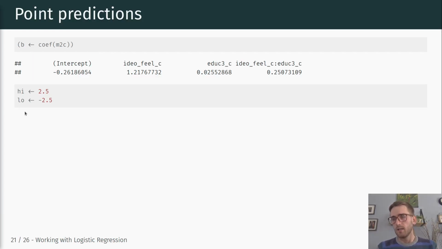Okay. We're going to work with one of the models that we worked with in the past videos, where we basically predicted vote choice for the Republican candidate in the 2000 US presidential election based on ideology and education, as well as the interaction between ideology and education.